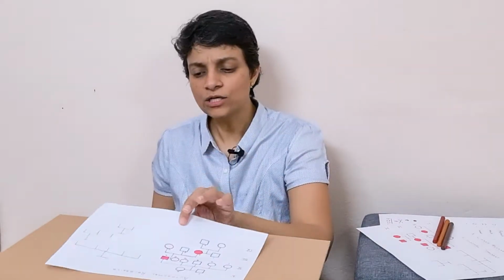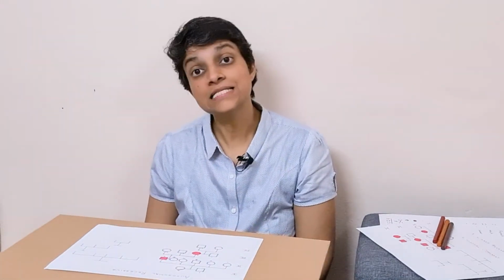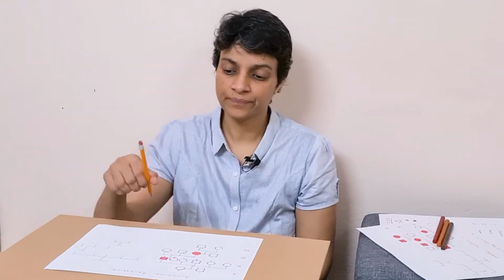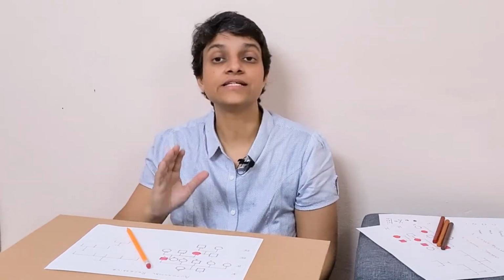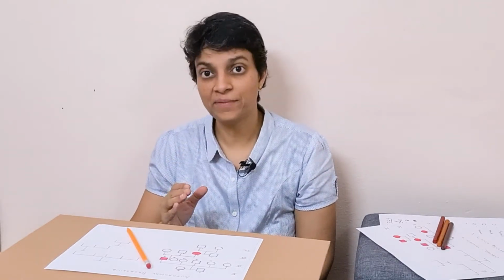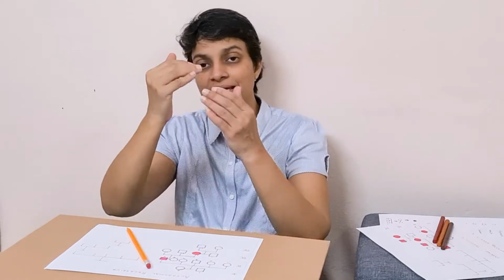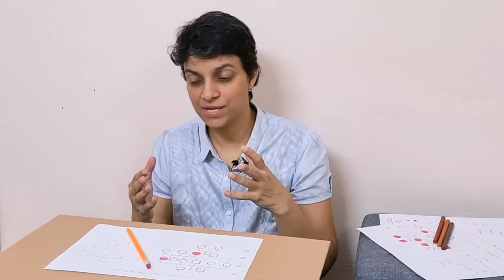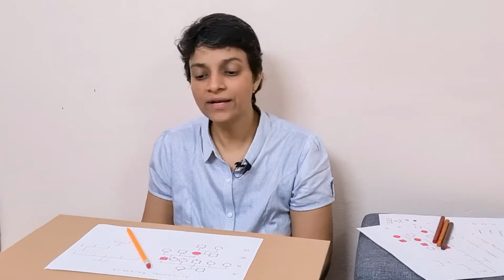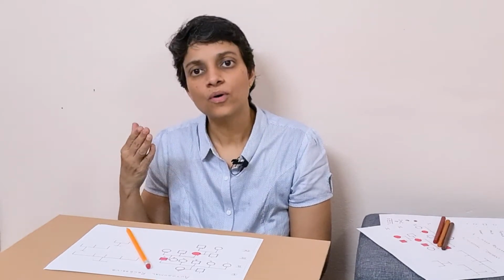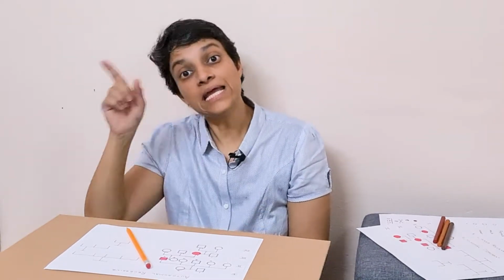Now, the second clue will be to identify whether it is recessive or dominant. If it is a recessive pedigree, there will be skipping of generations seen. What I mean is, suppose the disease is present in generation 1, it may not be present in 2, and it may reappear in 3.